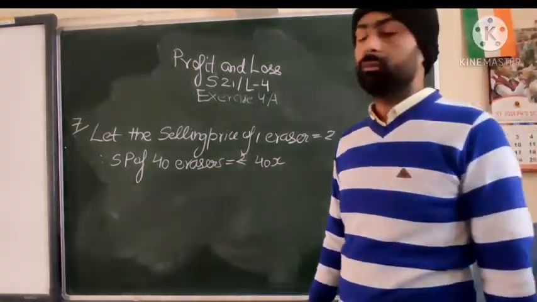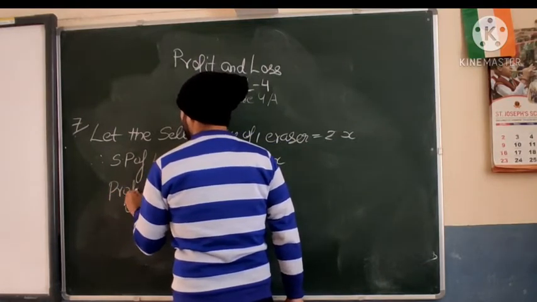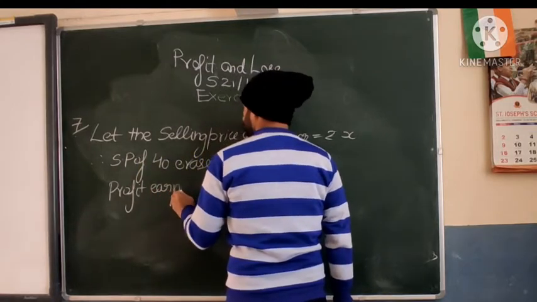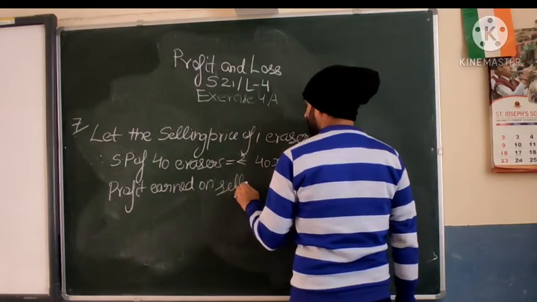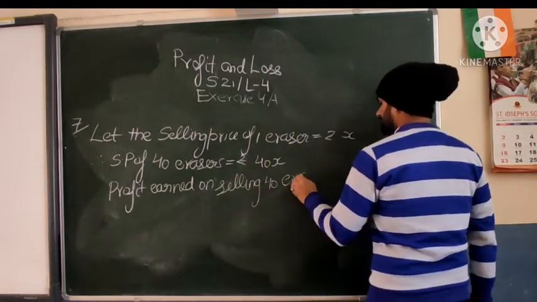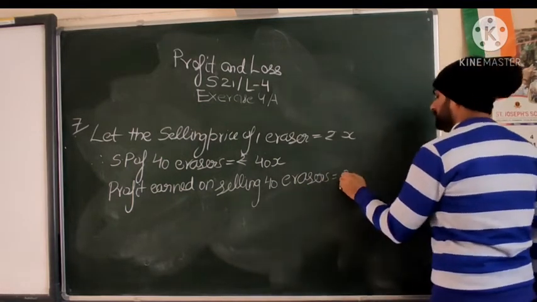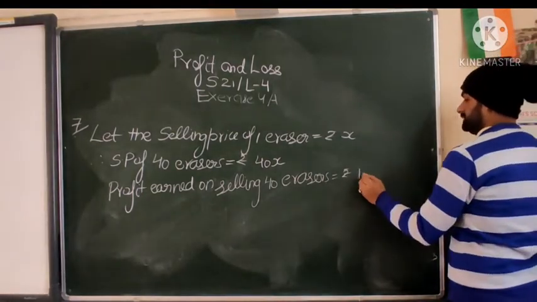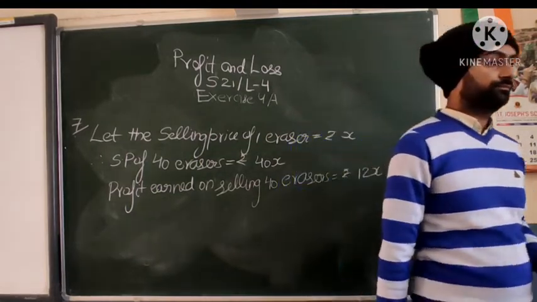Now, how much is the profit given? Profit on selling 40 erasers is rupees 12x, equal to the SP of 12 erasers.